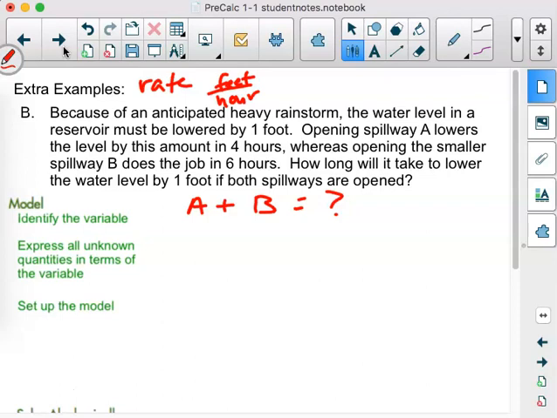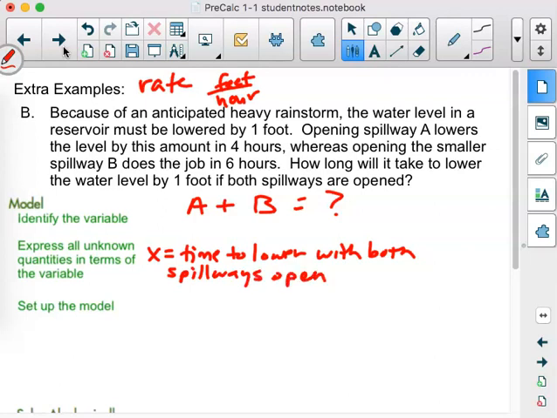What I don't know is how long it's going to take for both of these to make this happen. So X is going to be the time to lower with both spillways open. The goal is the same for each one of these spillways.